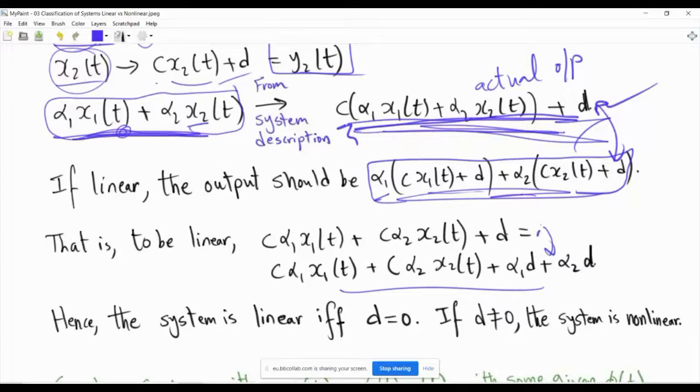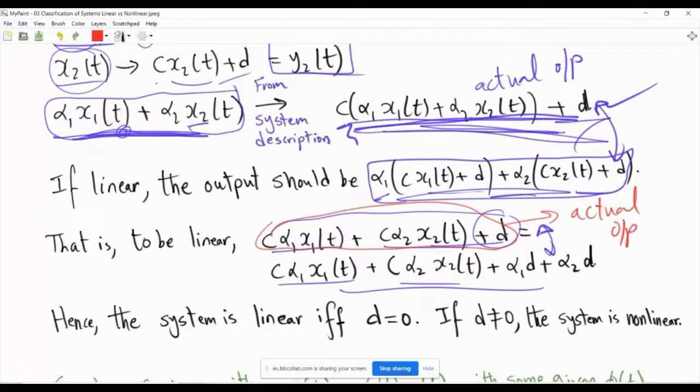By comparing the two expressions, you will find that this term is like this term, but then we have trouble here. So let's put these terms here. This is the actual output, and this one here is the output if the system is linear. This is what you get from the definition of linearity.